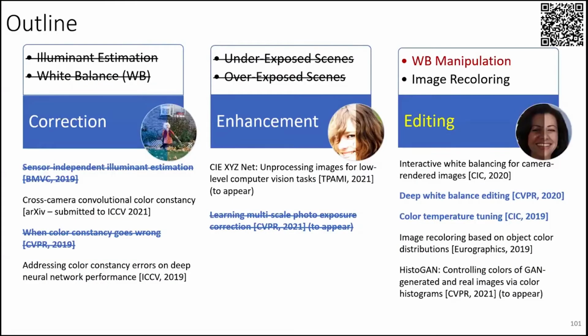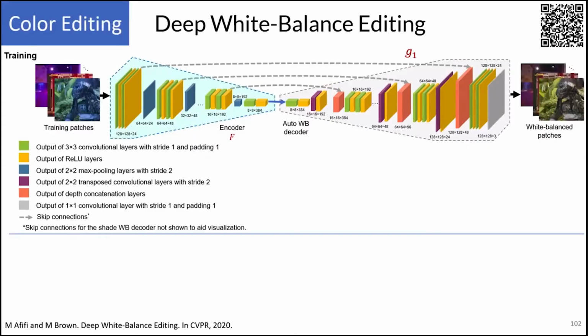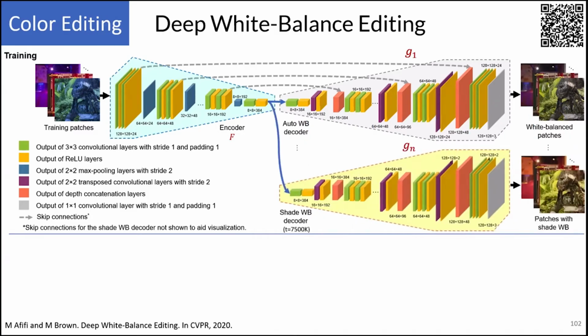So that motivated us to do the deep white balance editing, which is a deep encoder-decoder framework that maps any incoming image in sRGB to the corresponding auto-white balanced image. But we not only do the auto-white balance, we also append two different decoders to provide the user with additional white balance options to make things more interactive.